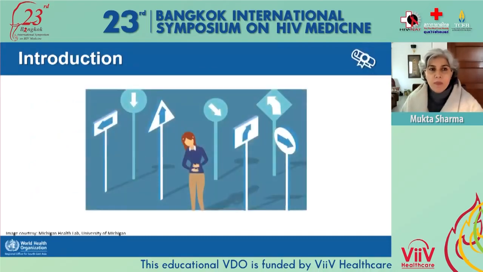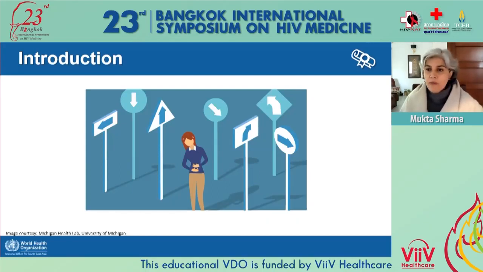So when we think about a patient, I would like you to think of an HIV positive woman who is pregnant, who is also somebody who has a history of using substances and uses opioid substitution therapy.